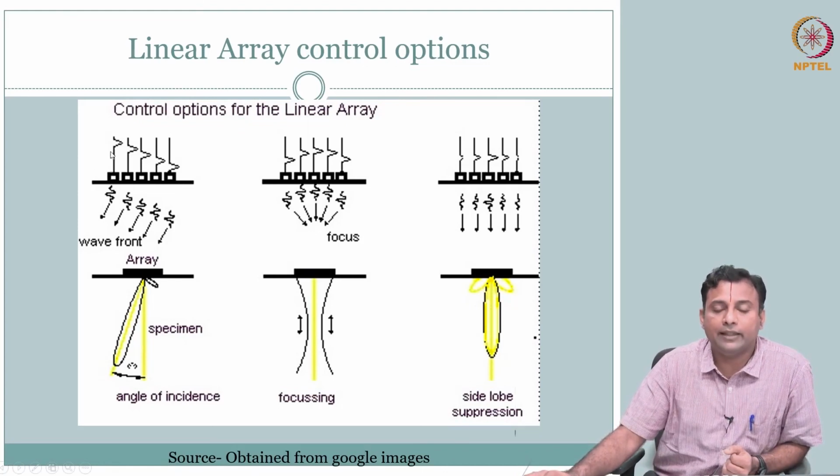Each one can be excited. You can independently send electrical voltage here, and whatever hits this crystal alone, you will be able to receive the corresponding voltage and play with it. Corresponding signal you can get. So now you notice the advantage. Now I can independently operate all of this.